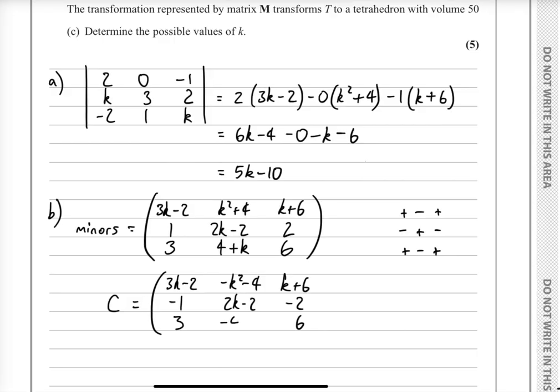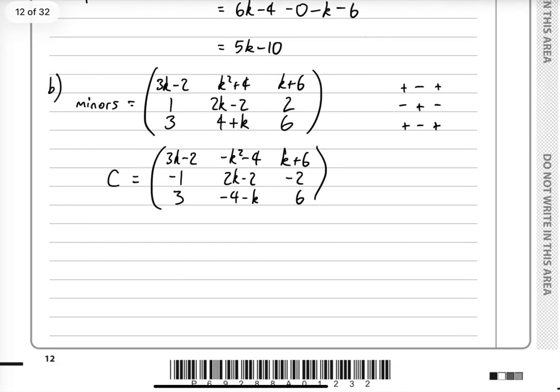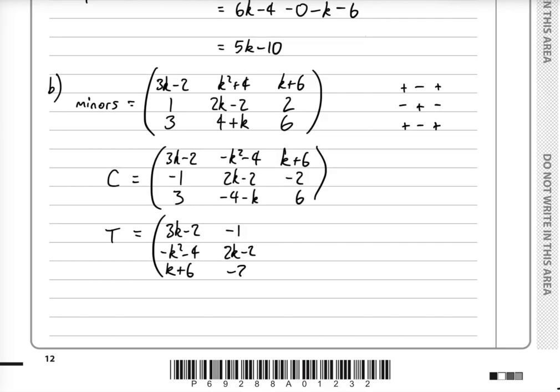And so does this. Then we've got our transpose matrix, where we take all of the rows and turn them into columns. So the first row becomes the column here. The second row becomes the column here. And the third row becomes the column here.